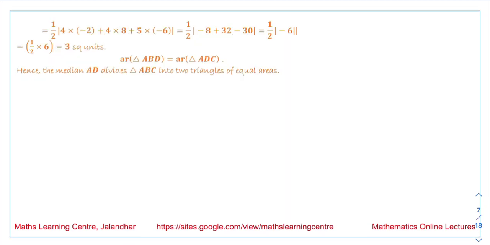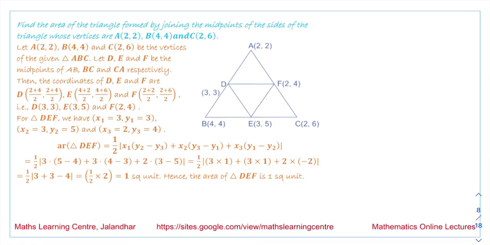Next is, find the area of the triangle formed by joining the midpoints of the sides of the triangle whose vertices are given. So these are the vertices of a triangle given to us. A is 2, 2, B is 4, 4, and C is 2, 6. We are obtaining another triangle by joining the midpoints of these three vertices.